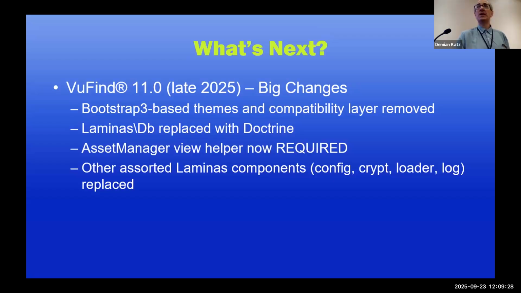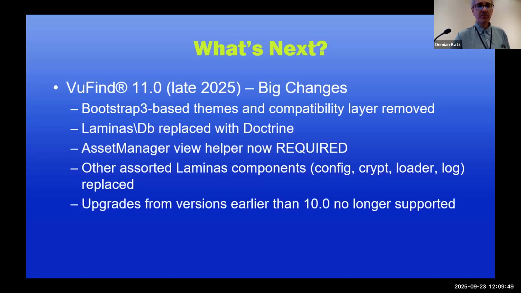And one of the things that they're doing is dropping support for old libraries that aren't widely used or that have better modern replacements. And so they've discontinued support for things like Laminas Config, Laminas Crypt, Laminas Loader, and Laminas Log, all of which we have either reduced or replaced with different things in release 11.